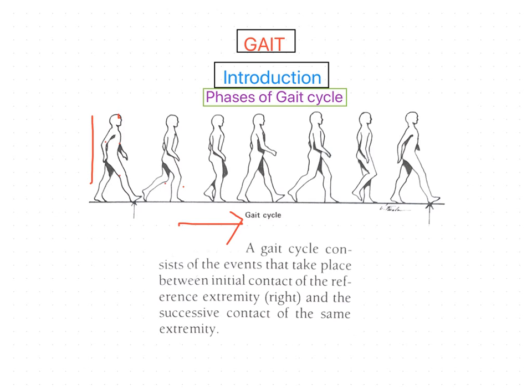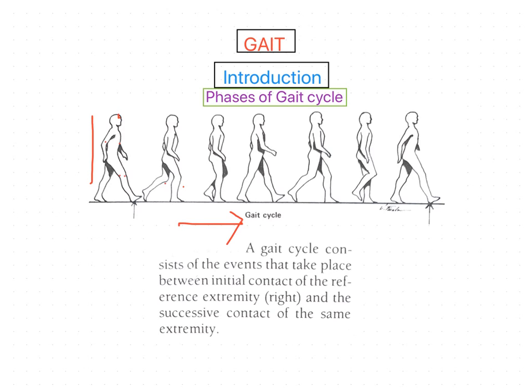In the standing posture, the HAT, that is head, arm and trunk, is supported by both lower extremities. In gait, HAT not only must be balanced over one extremity but also must be transferred from one extremity to the other.